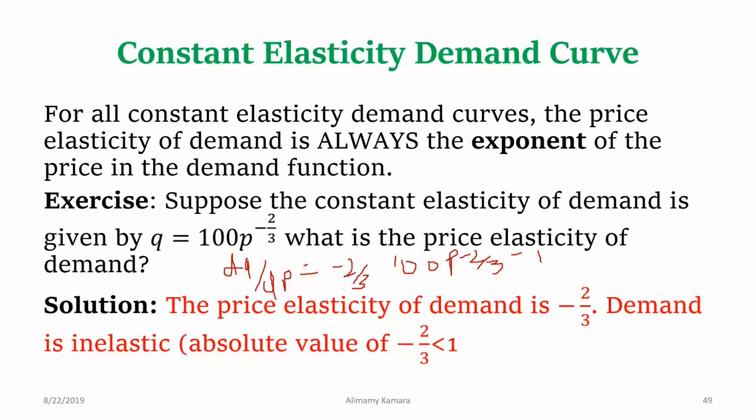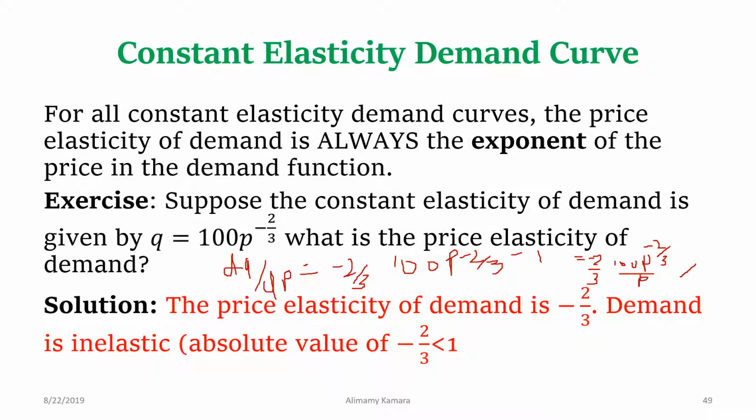Now, elasticity, we want to multiply this by what? P over Q. But remember, this is the same as what? Minus 2 over 3, 100, P to the minus 2 over 3, divided by P, right? That is the same as this one.